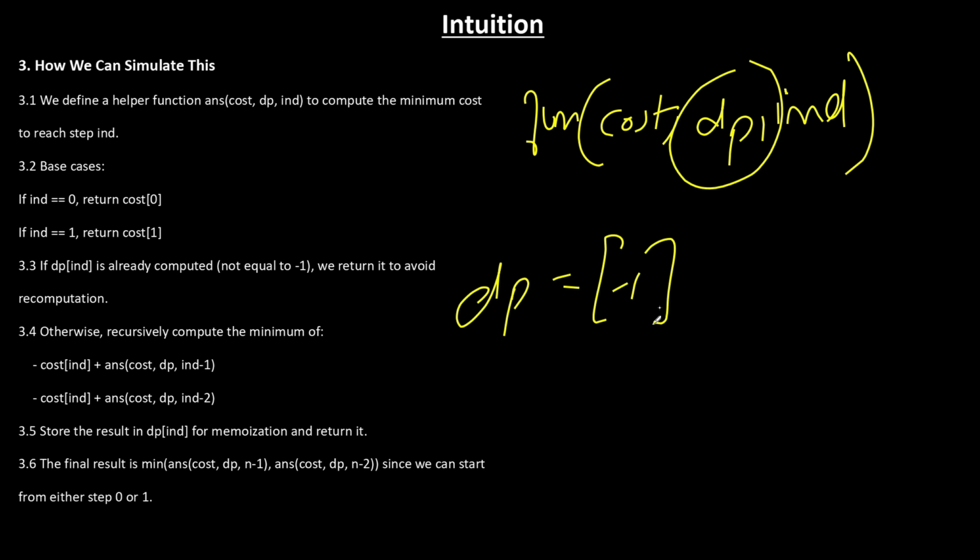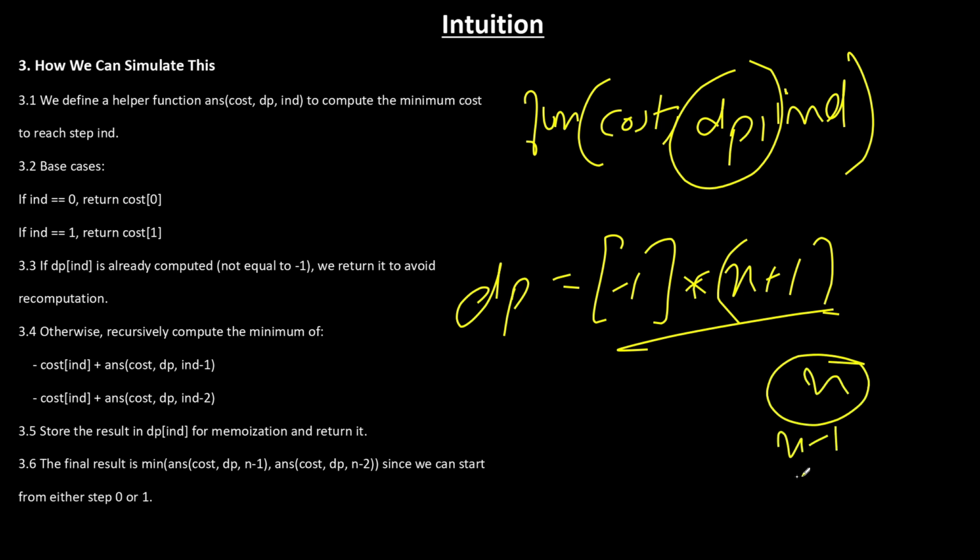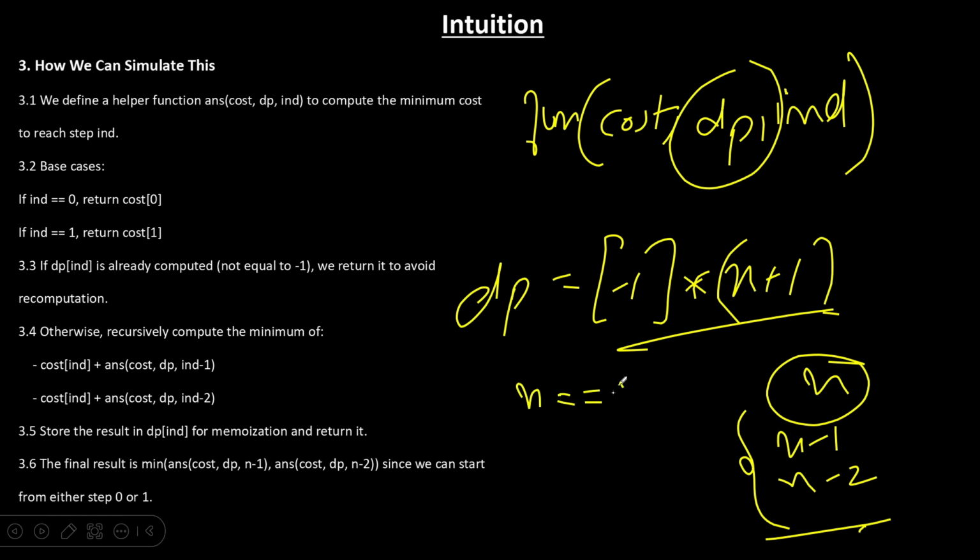It will be minus 1 multiplied by n plus 1, because it's one-based indexing. And about the base cases, if you're starting from n and doing n minus 1 or n minus 2, suppose you are standing at n equals 0. What does that mean? That means this was a stair and this is the ending here.